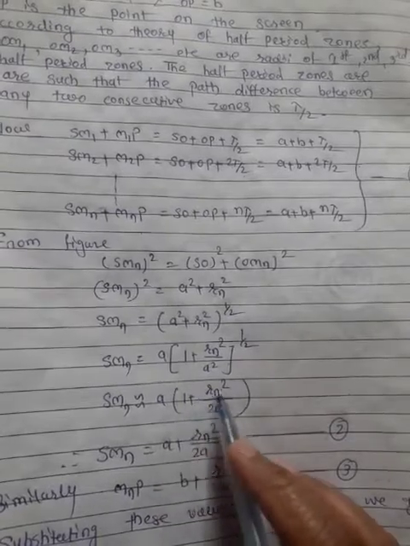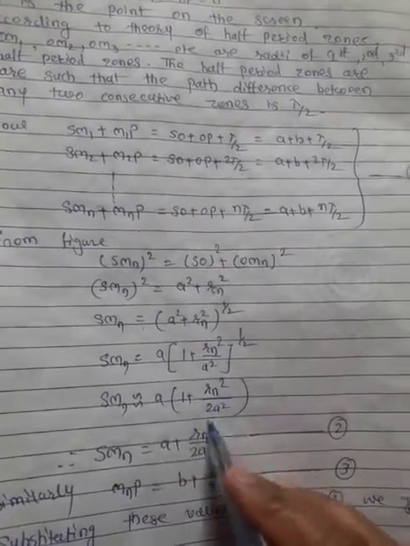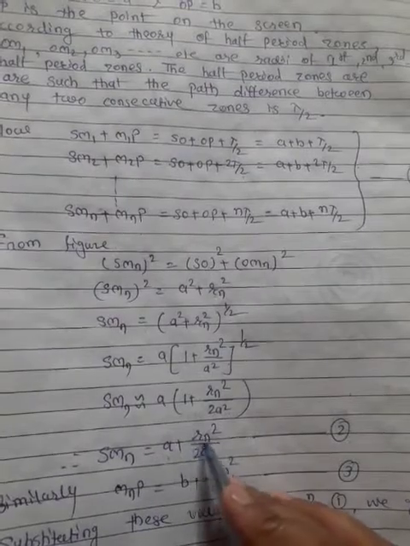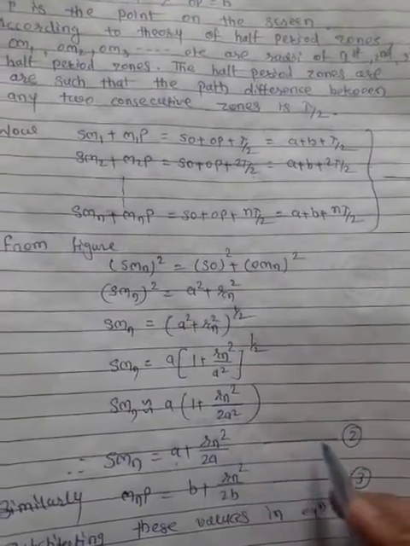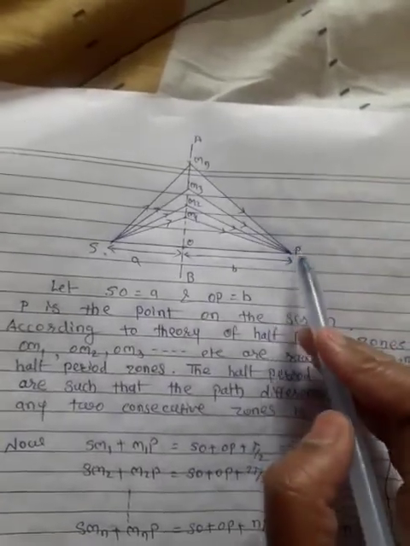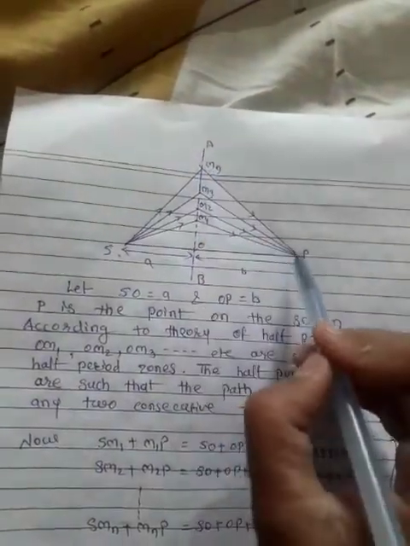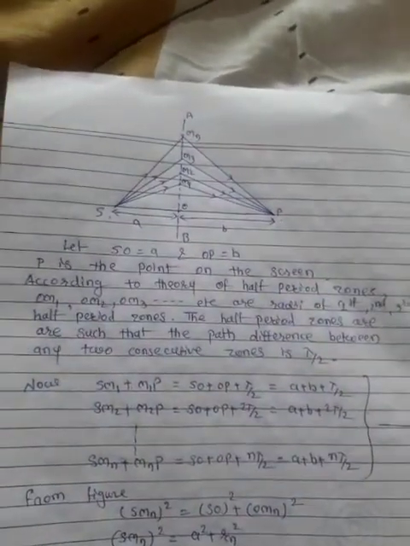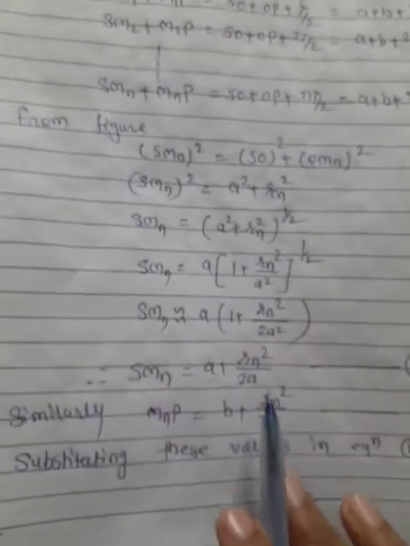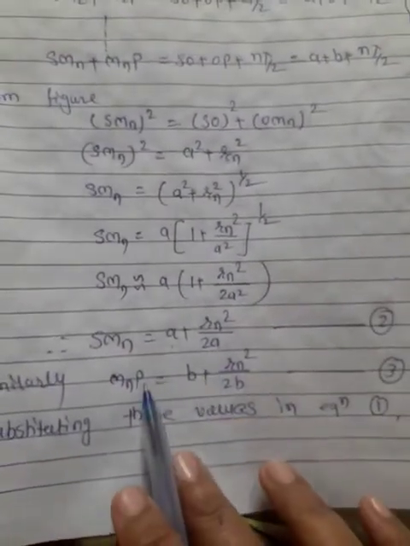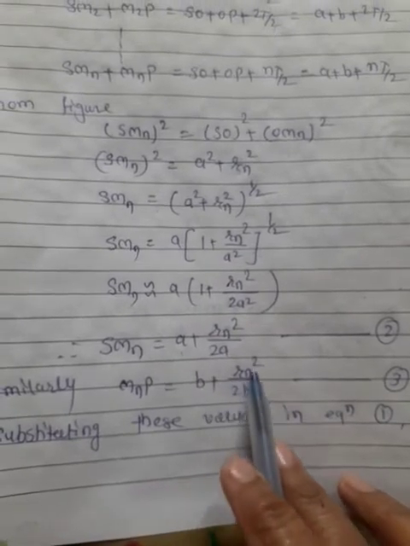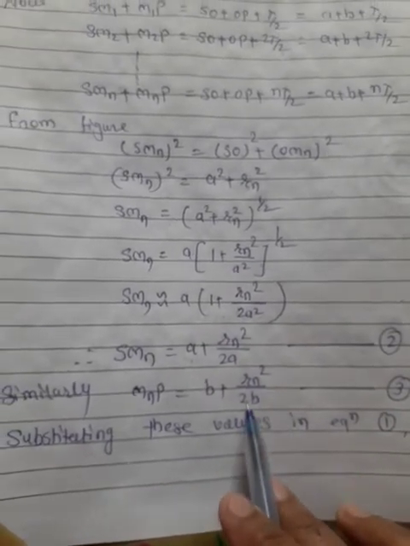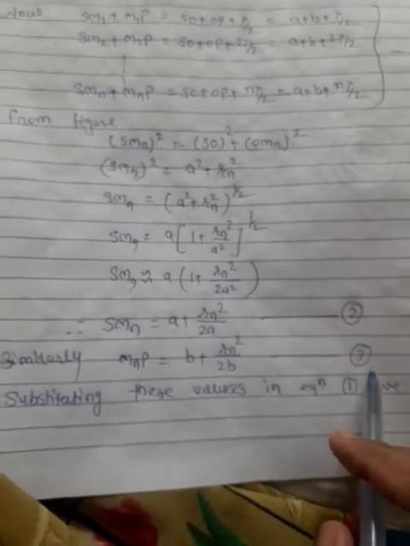If we multiply A to this term, we will get A plus Rn square upon 2A, which gives equation number 2. Similarly, if we consider the POMN triangle, and again by applying the hypotenuse rule and solving by this method, finally we get this equation: MNP equal to B plus Rn square upon 2B, equation number 3.